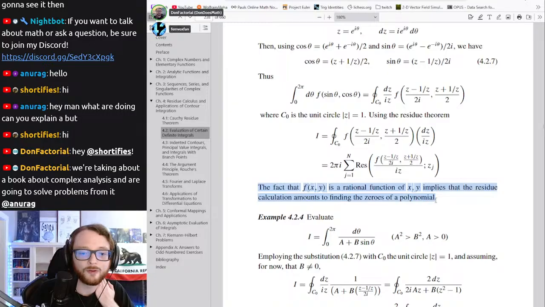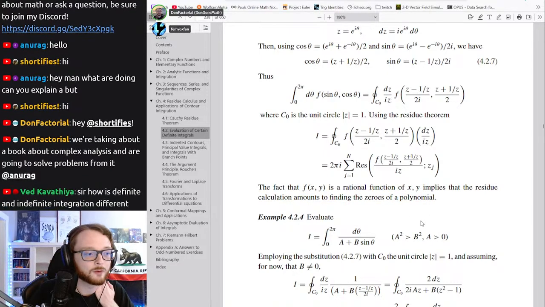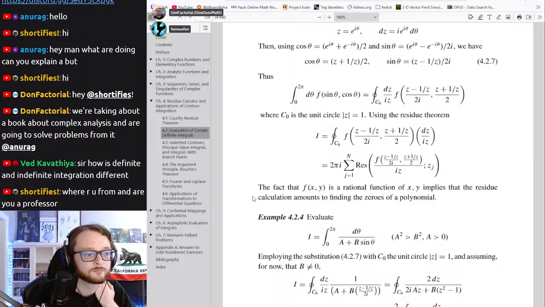the residue calculation must find the zeros of a polynomial. That's because I'm not very good with residues. The fact that f of x, y is a rational function of x, y implies that the residue calculation amounts to finding zeros of a polynomial. Well, I guess if it's a rational function, you can always break up the denominator into linear factors, to find all the zeros of your denominator.